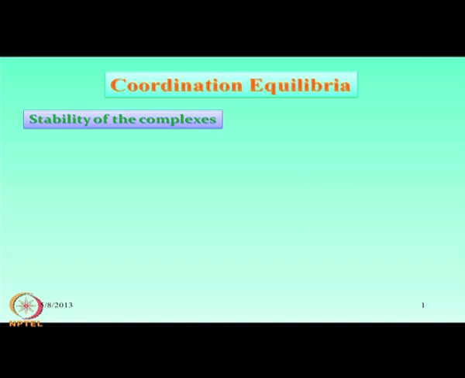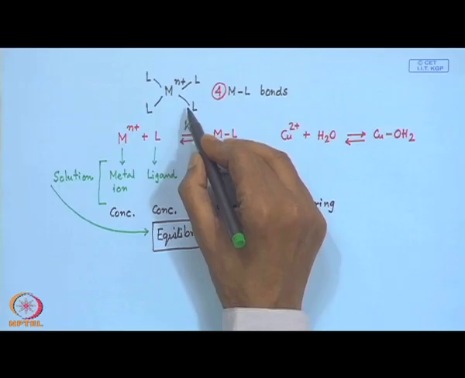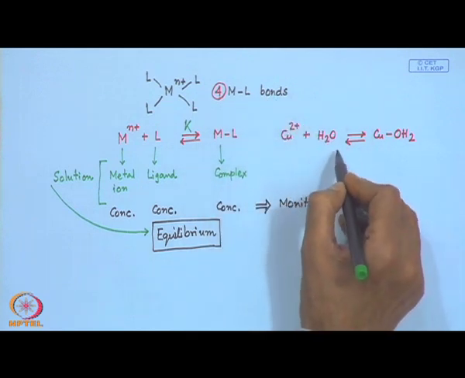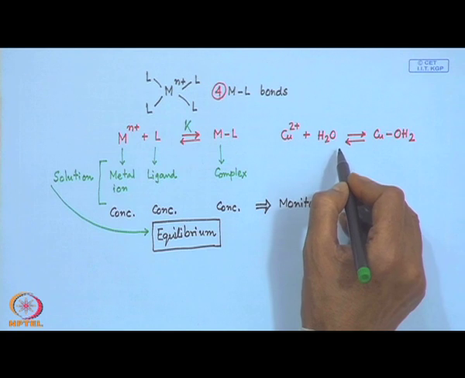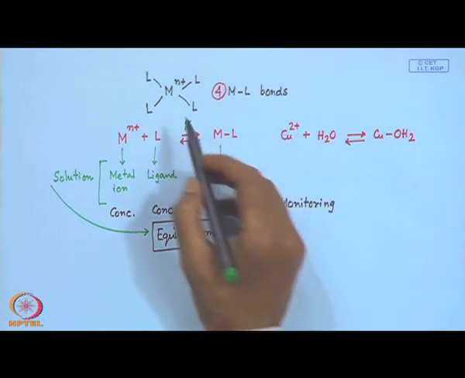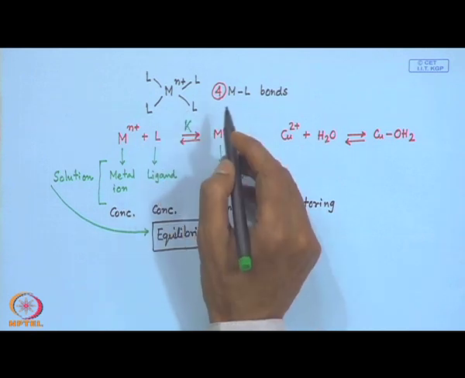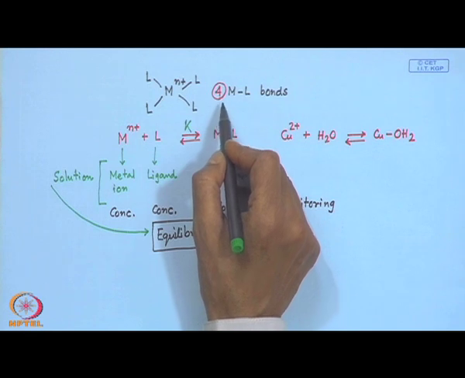That means, if we get this particular ML4 species from the individual corresponding aquated or solvated metal ion, how much of this species forms immediately when we give the corresponding stoichiometric amount of L?